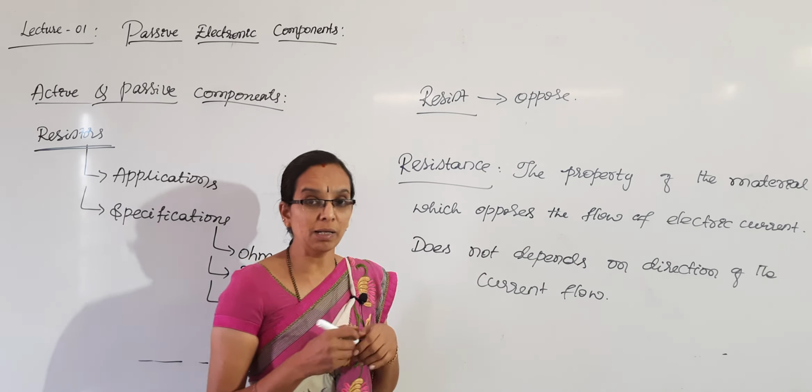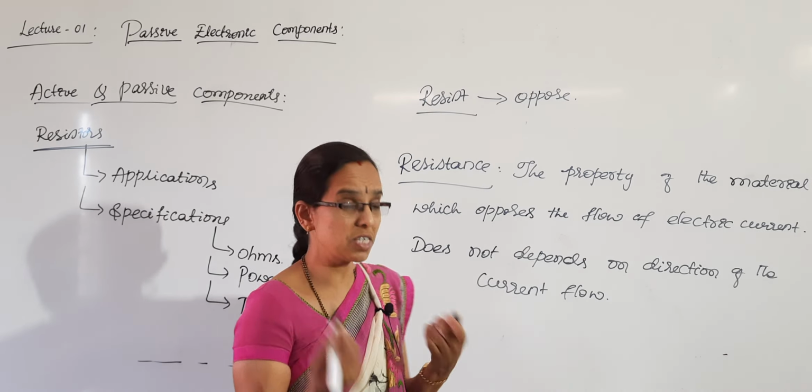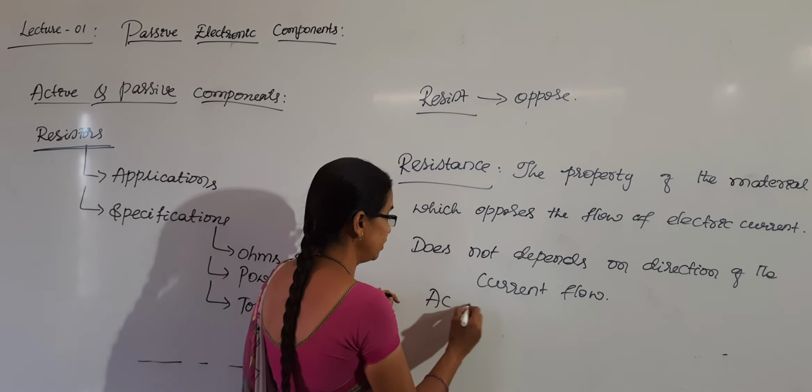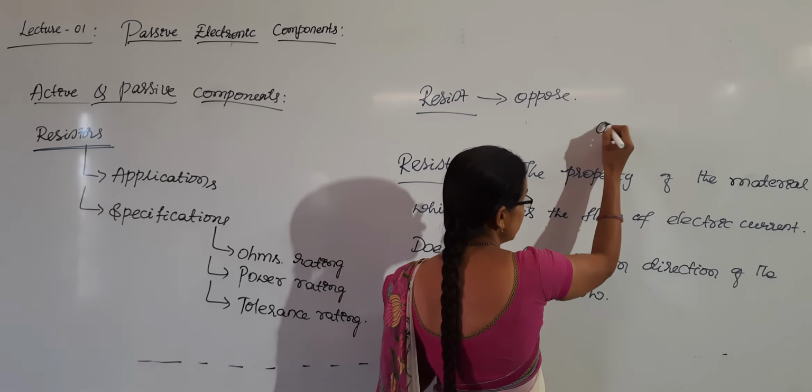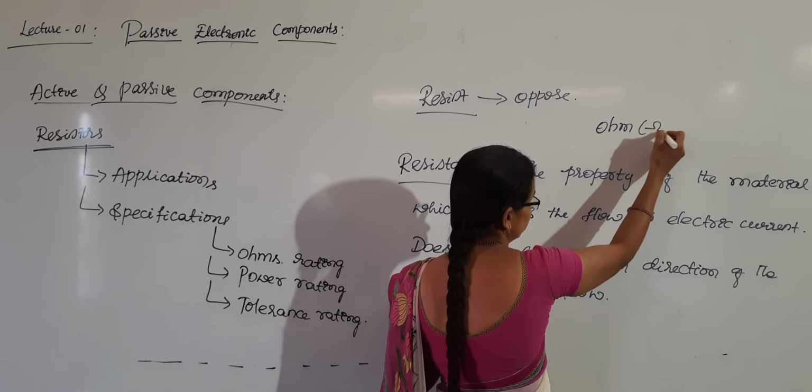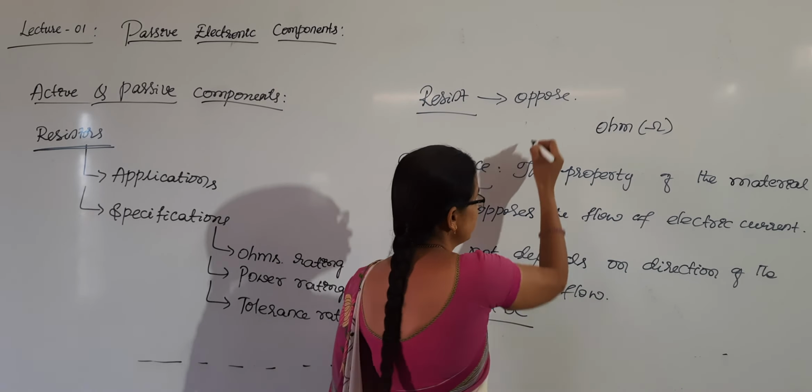That means it will have the same effect for AC and DC. For both alternating current and direct current, the property of resistance will not be affected. The resistance is measured in the SI unit ohm and it is denoted by capital R.